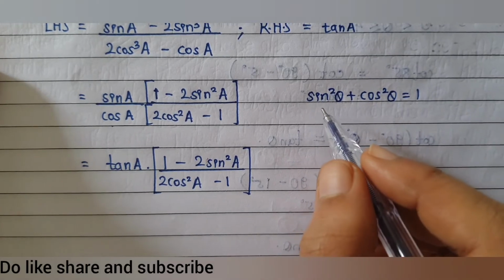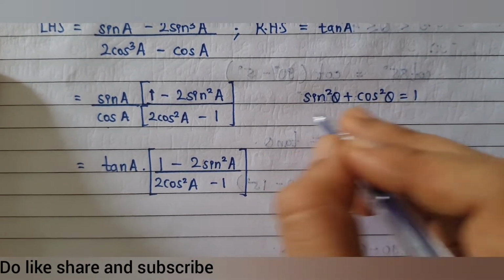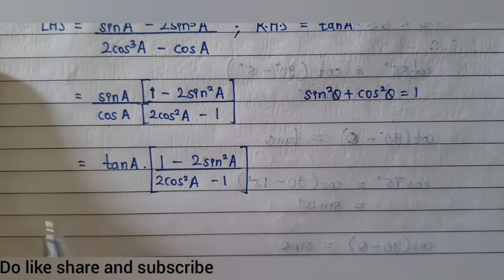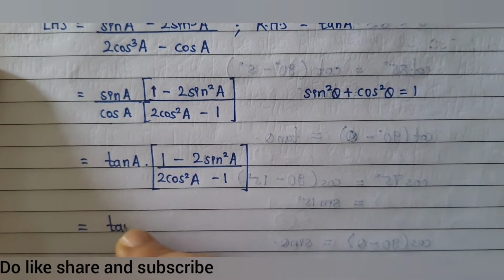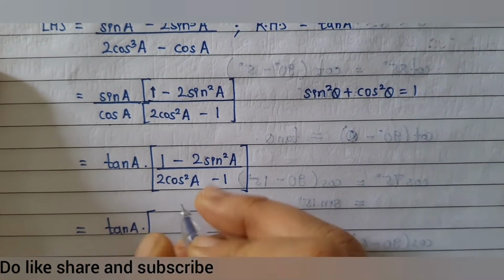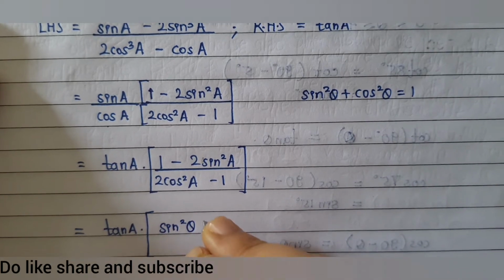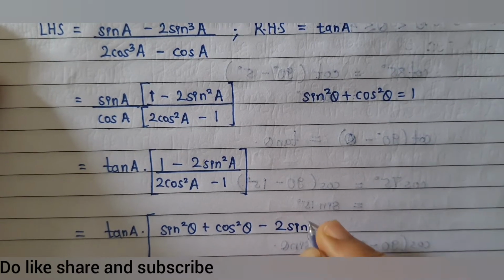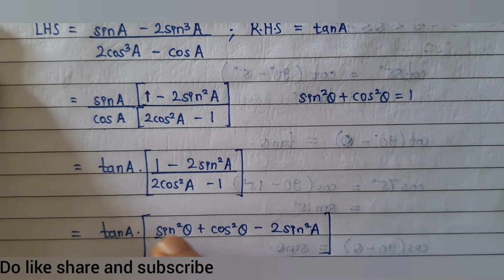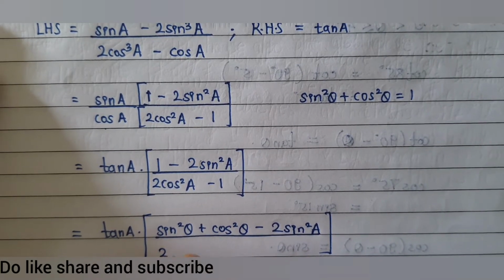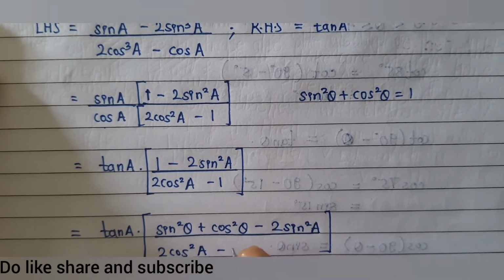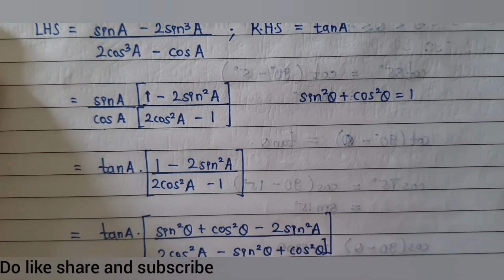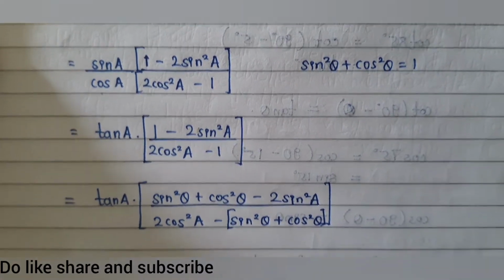We'll put the value of sin square theta plus cos square theta equal to 1 in this numerator and denominator. So we'll get tan A into (sin square theta plus cos square theta minus 2 sin square A) divided by (2 cos square A minus (sin square theta plus cos square theta)). Let me take this in bracket as we have substituted for 1.